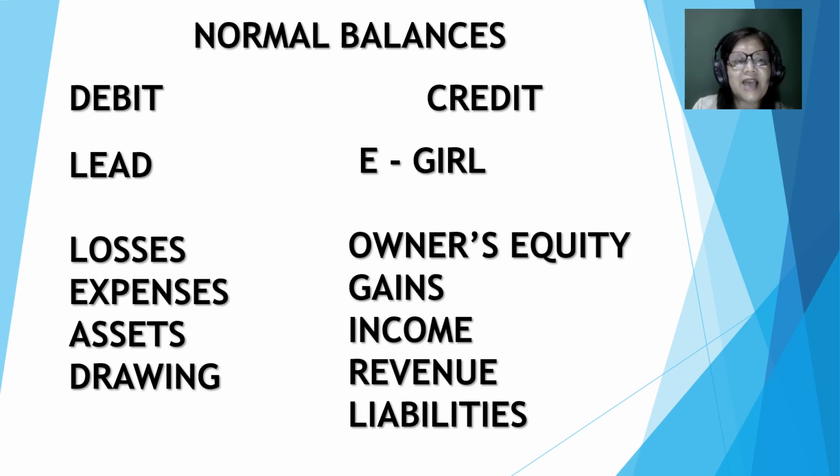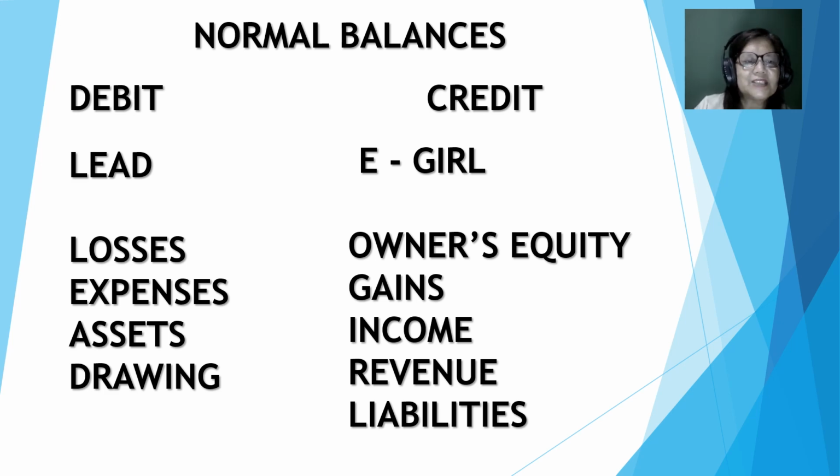The accounts under the debit and the accounts under the credit. So, the losses, expenses, assets, and drawing are the accounts on the debit side. So, the normal balance of these four accounts is debit.